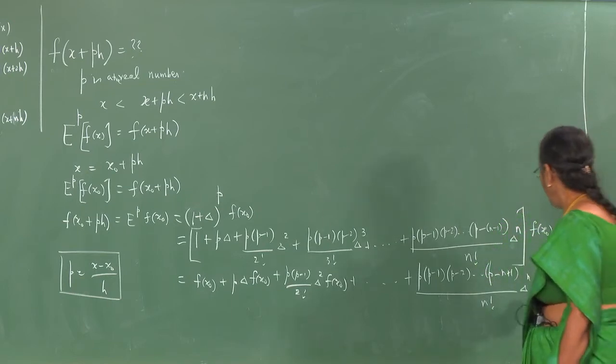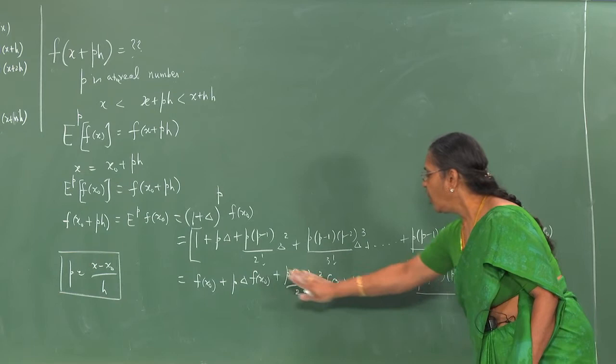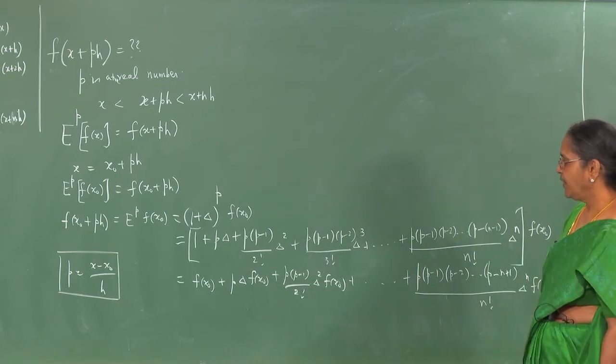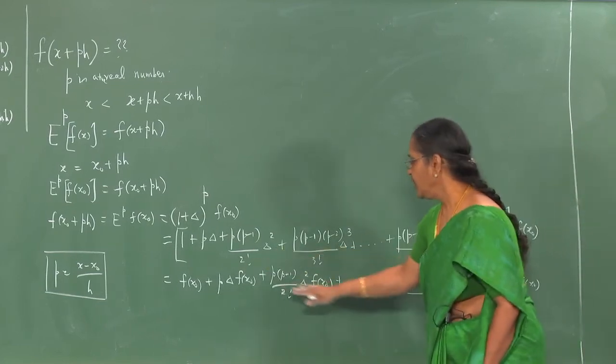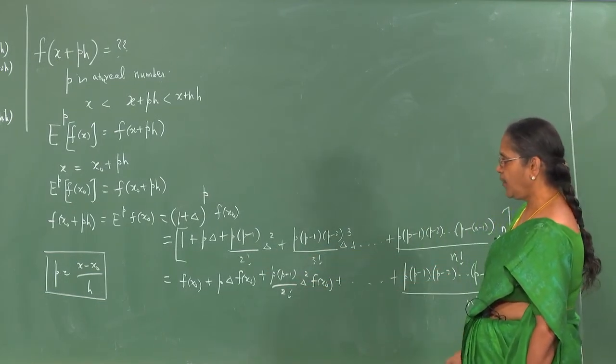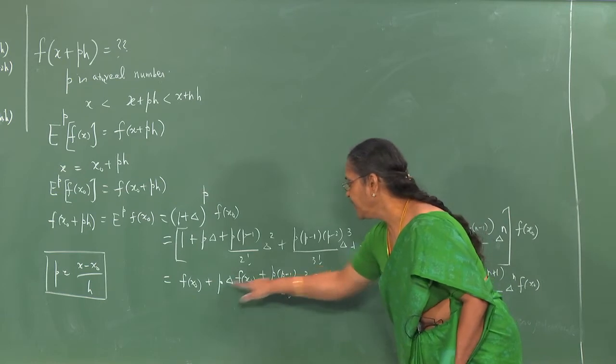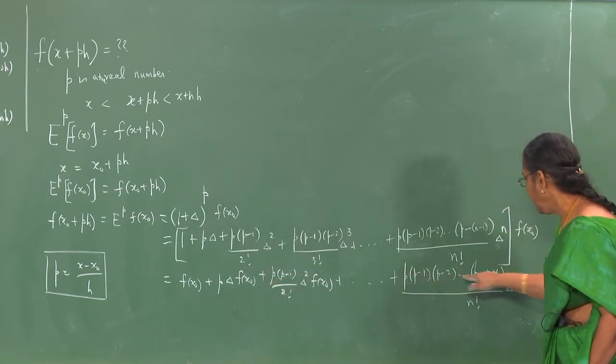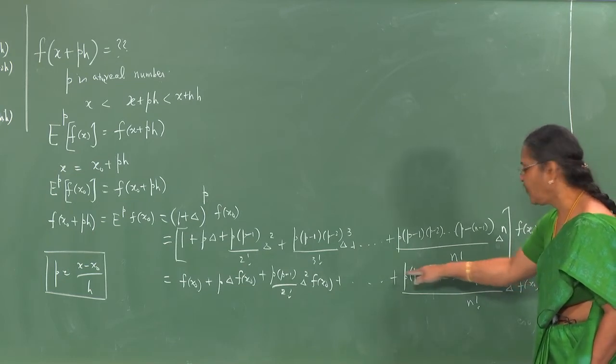So, if I get these various order differences from this table, then I can substitute and arrive at a polynomial in p. You notice that there are how many factors? n such factors.